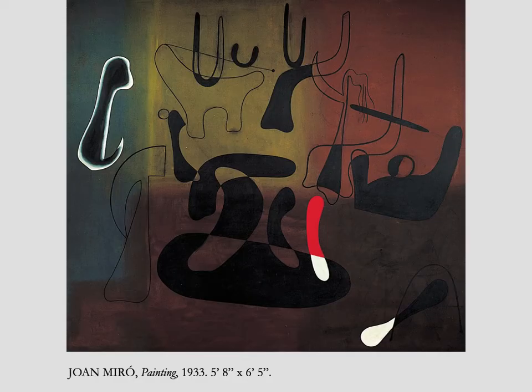These biomorphic, dreamlike images by Miro are another form of surrealist painting, and to Freud, some of the deeper aspects of yourself can be understood through the language of dreams.